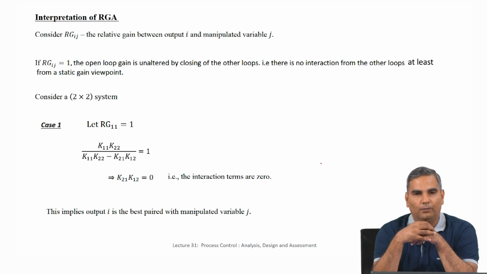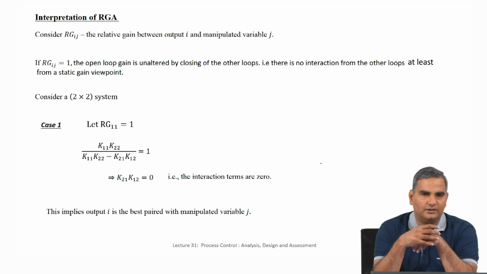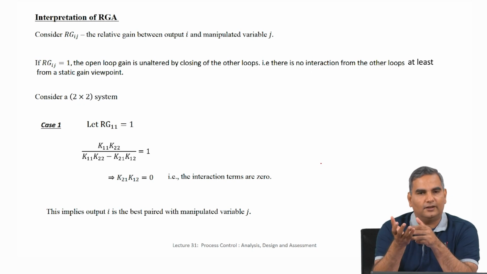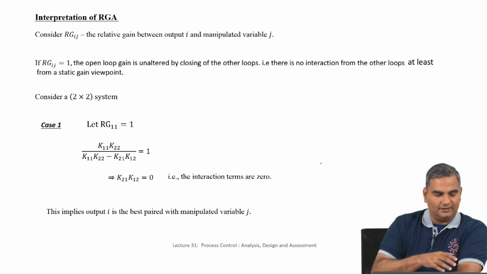If that gain also turns out to be the same as the open loop gain, then we really do not have to worry about closing the other loops when we design a controller for this pair, because closing the other loops does not have any effect on the overall gain anyway. So, that is the best case.